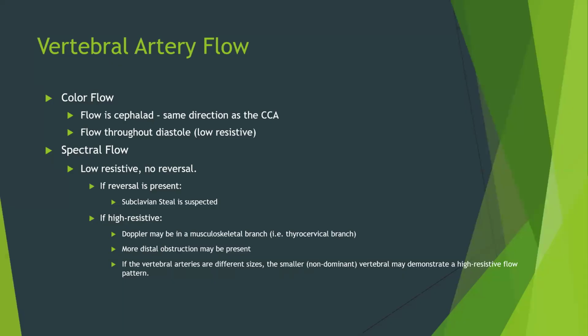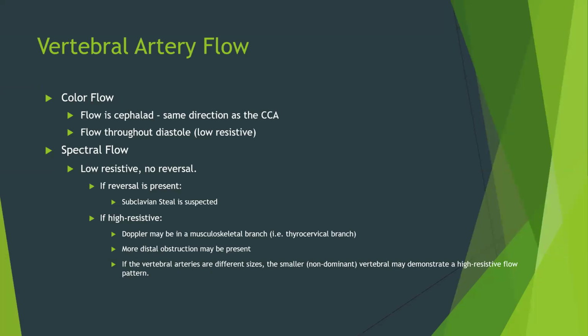One way to prove that is to get the common carotid artery and fan between the two, the carotid artery and the vertebral artery, making sure that they're on the same plane, either both going towards the probe or both going away, and show that the color is exactly the same for the CCA and the vertebral artery.